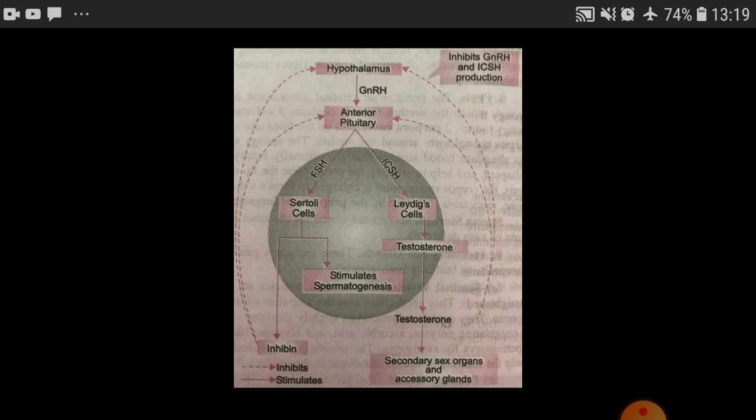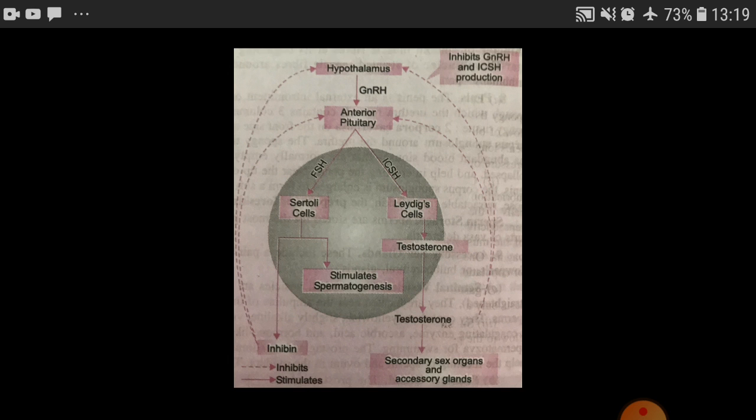Inhibin suppresses the FSH secretion. So this is the hormonal control of the male reproductive system, how the secretions are stimulated in the positive way and how they are inhibited for negative feedback control.